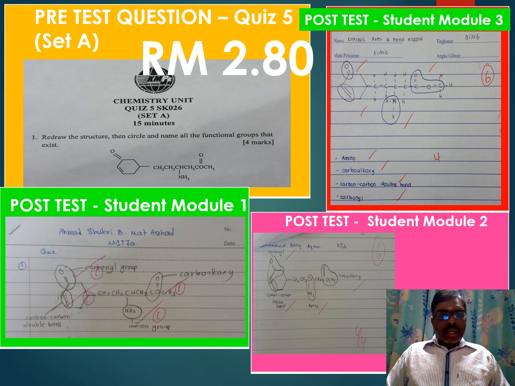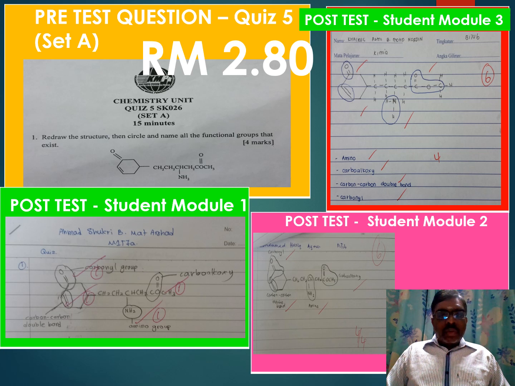This is the pre-test question given to the students before the CoRuBa game was introduced to them. After the students did the pre-test, they were introduced to the CoRuBa game. After they played the game, a post-test was given in the following teaching and learning lesson.